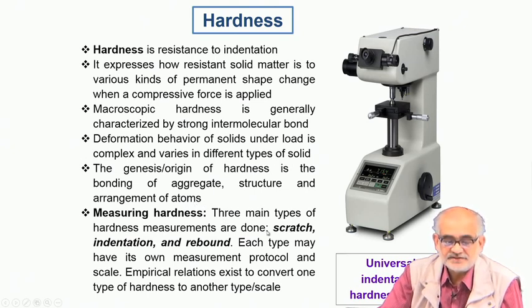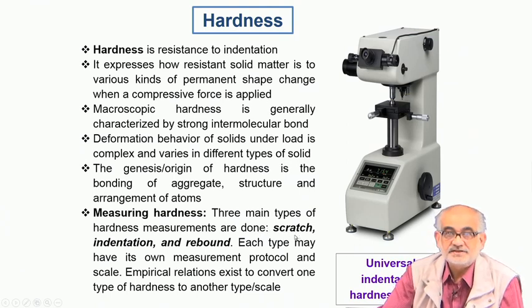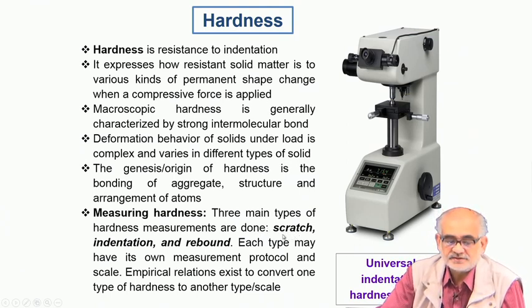And as I said, we usually express hardness in three possible ways, and these three ways are related to the means and mechanism by which we apply the load. So it can be a scratch hardness, it can be an indentation hardness, or a rebound hardness. See, samples could be different. I mean, it may not be of very flat and uniform geometry.